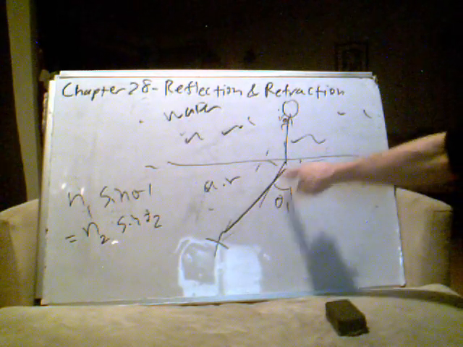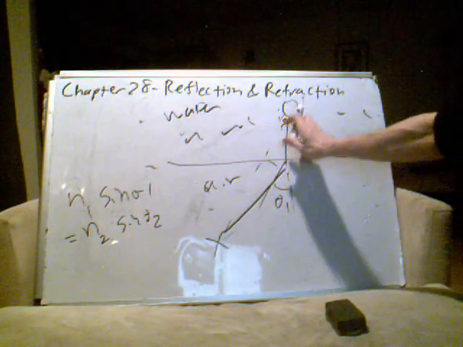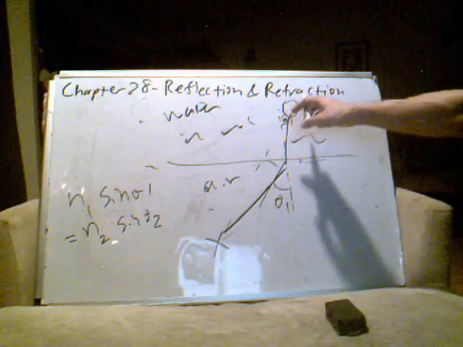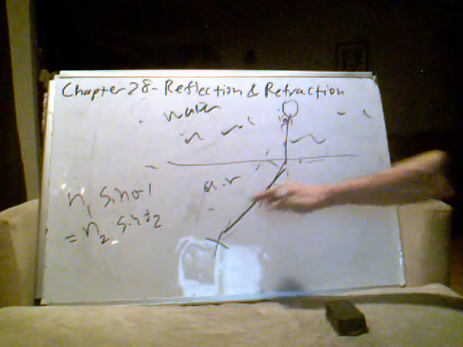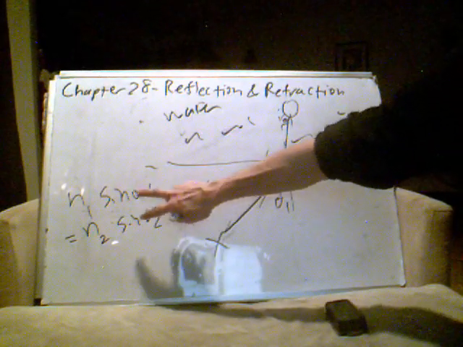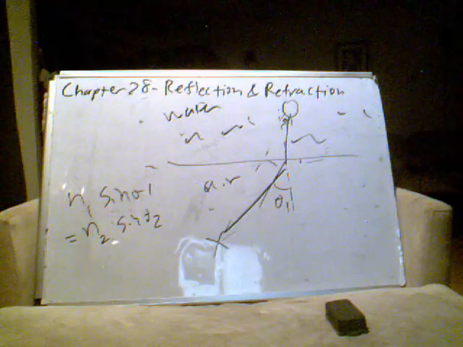The angle of incidence for the light in air and the angle of refraction for the light in water are going to be two different angles. And the ratio of the sines of those angles goes as the inverse of the ratio of their indices of refraction.